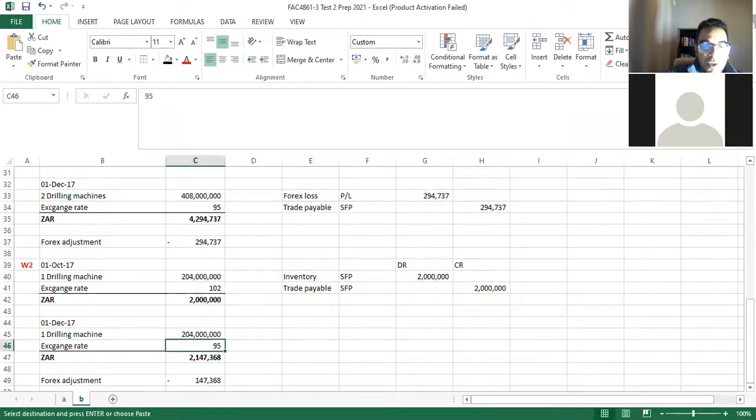So at 31 December, the exchange rate is, let's just see, what was the exchange rate? So at 31 December, the exchange rate is 90. So I'm going to change this to 90.